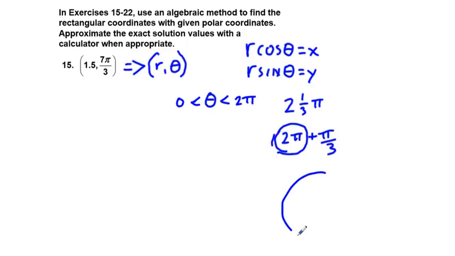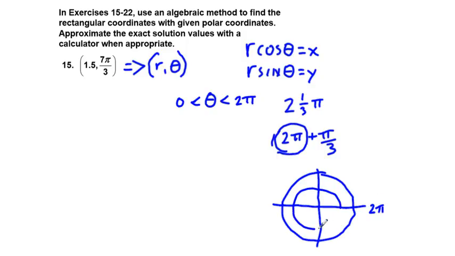So we're rotating, if we draw a unit circle here, as I've done on the lower right, this 2 pi is rotating around, which is equivalent to 360 degrees, plus another pi over 3.